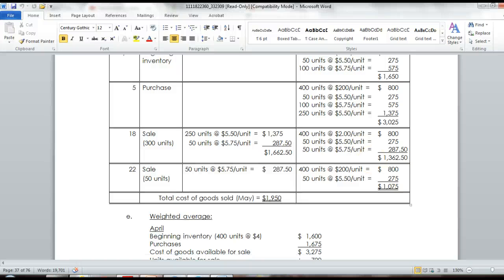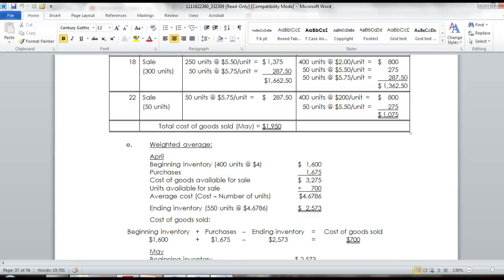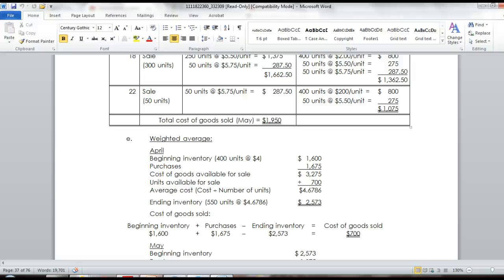Now, when we deal with the weighted average, what we're going to do is continually take our inventory plus all of our purchases to come up with a weighted average, which means our total cost divided by our units available. So as you can see here, we started with 400 units and we purchased 300 units, so we have available 700 units.